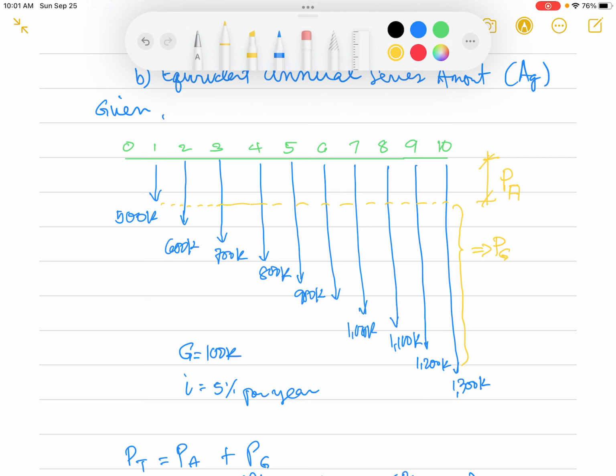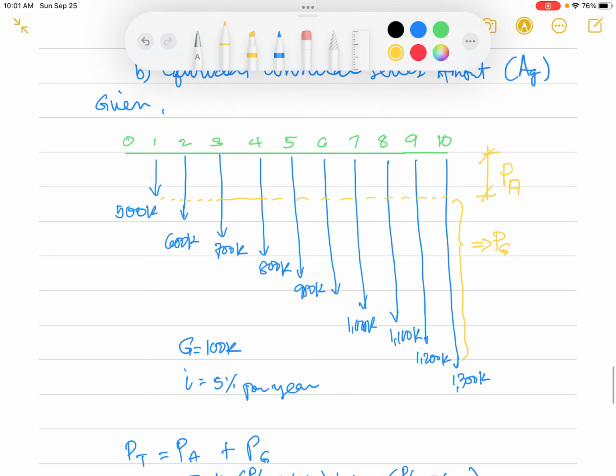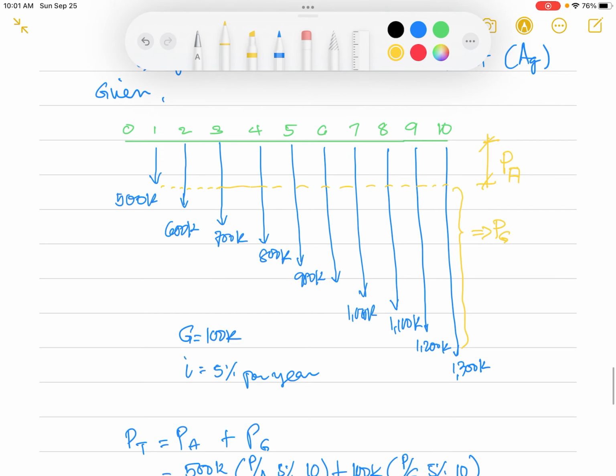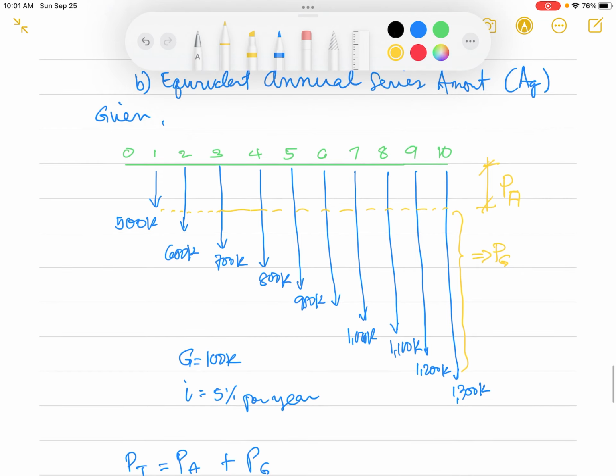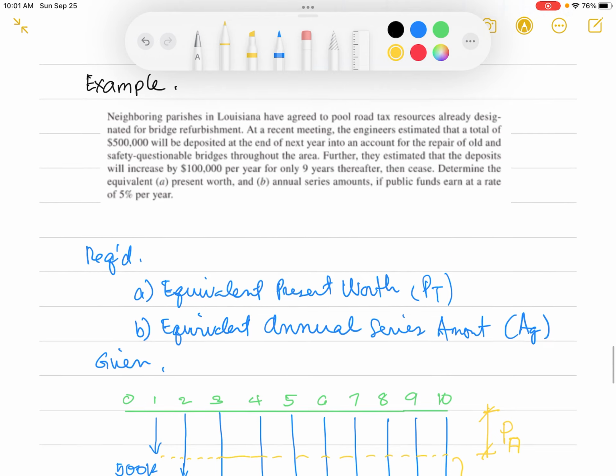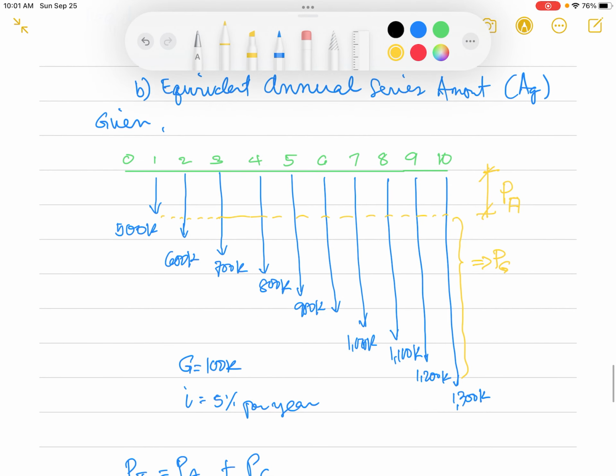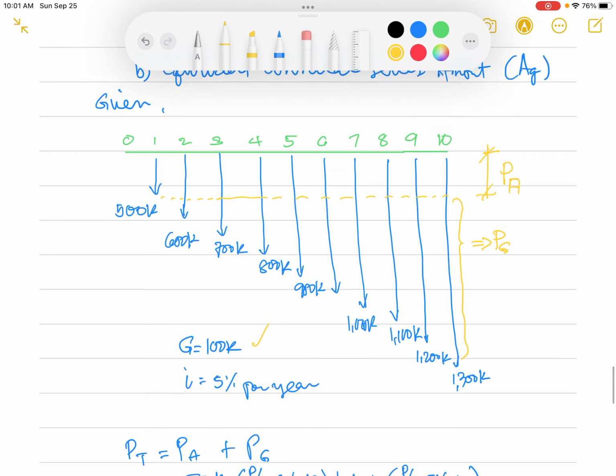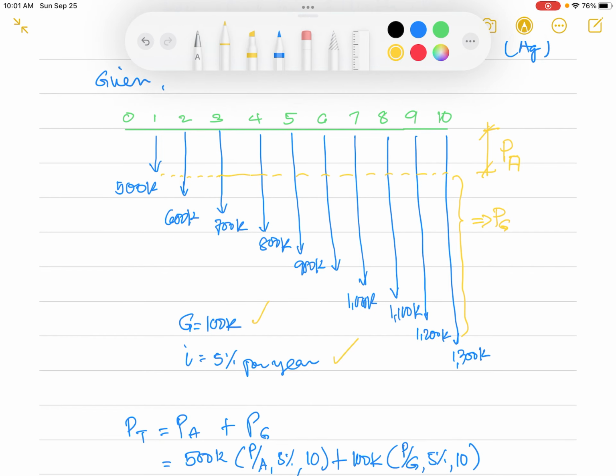Basically, you start at 0 and end at the 1 plus 9. So here it's very easy. It's already given that G is equal to 100,000. And the interest rate is also given at 5% per year.